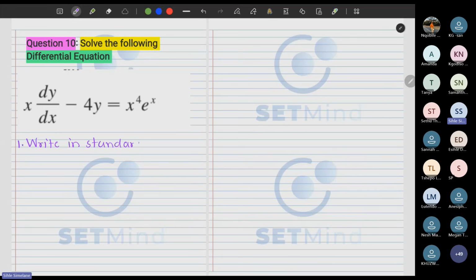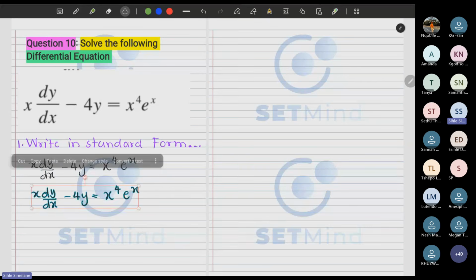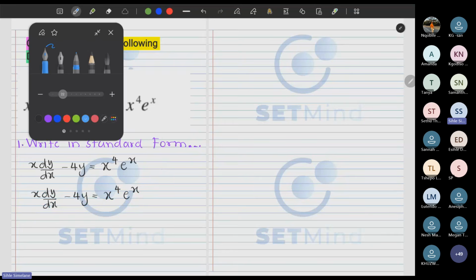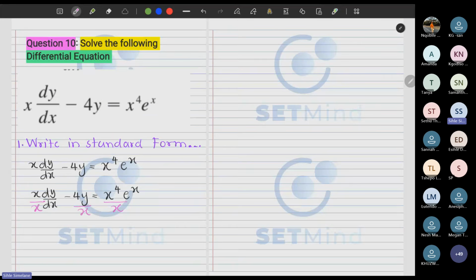What we have here is x dy dx minus 4 times y equals x to the power of 4 e to the x. What is the problem here? The problem is the x which is in front of the dy dx. So we need to remove it. So let's go ahead and remove that x there. So I need to divide by x, divide by x, divide by x.